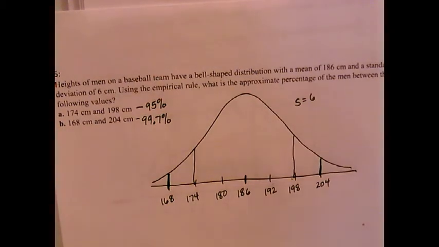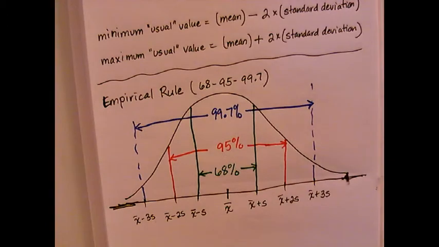Okay, so that's how we apply the empirical rule to do these types of problems. And the last thing I want to talk about is Chebyshev's Theorem, which is applicable to any distribution. Now, if you recall, the empirical rule is only applicable to the normal distribution.